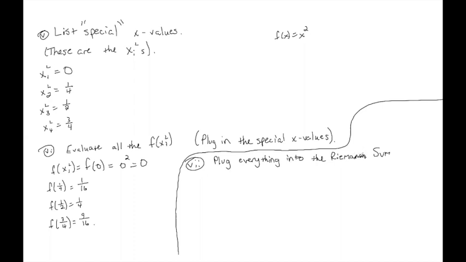That's an N. Terrible handwriting. To the Riemann sum, right? We have the formula. This is the sum from i equals 1 to 4 of f of x_i^L times delta x. And now we know what f of x_i^L is for each i, and we know what delta x is. Okay, so expanding this out gives me the sum.